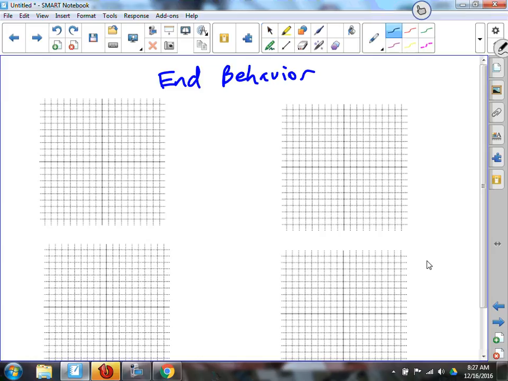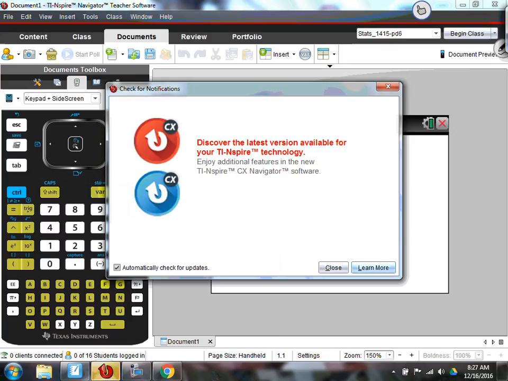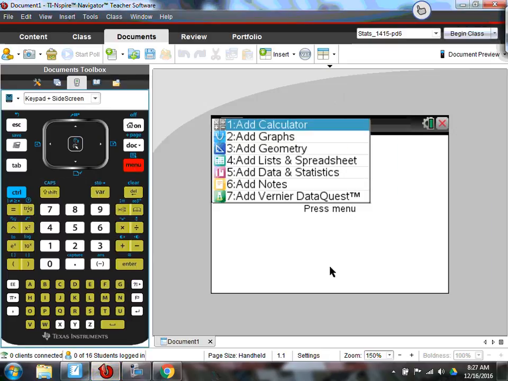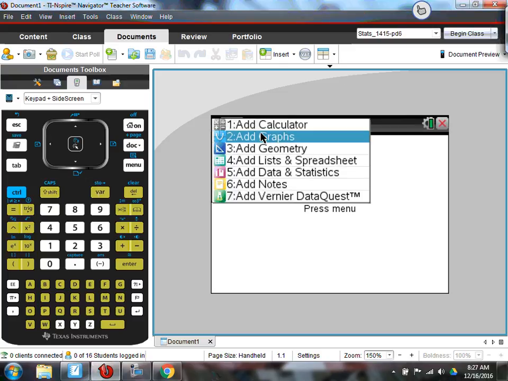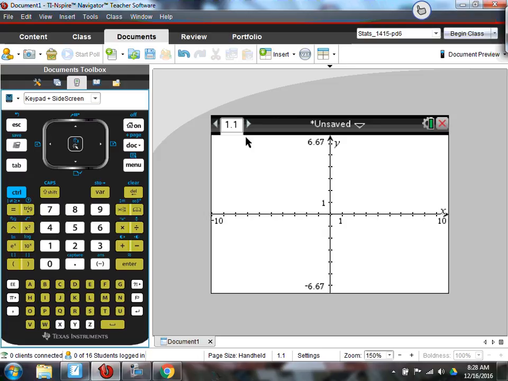When you graph a polynomial function, we've borne witness to graphing quadratic functions in chapter 4. If you graph a quadratic function, x squared, let's say, what does the graph do on the right side and on the left side? It's heading which way? Up on both ends.